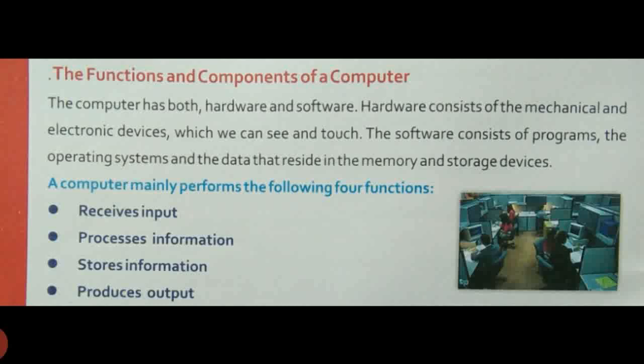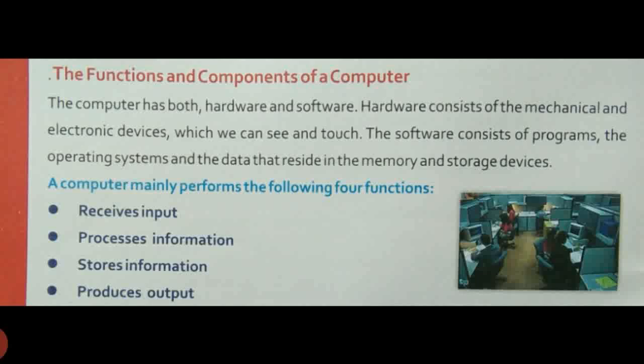Students, as we already know, if we think about the computer, then we must think about two concepts, that is hardware and software. Now, what is hardware and what is software? Hardware are the devices that we can see and touch, and software are the programs that we can see but can't touch. If we take examples of hardware, then keyboard, mouse, monitors are the different parts of hardware.